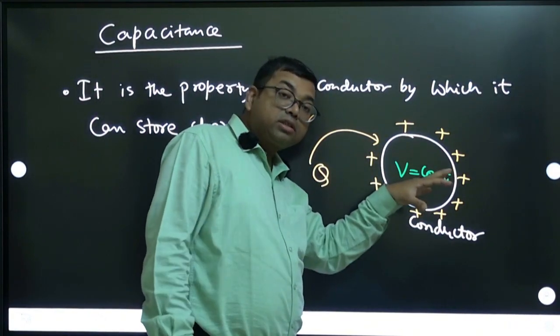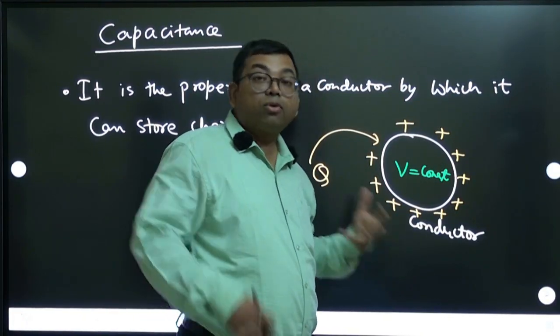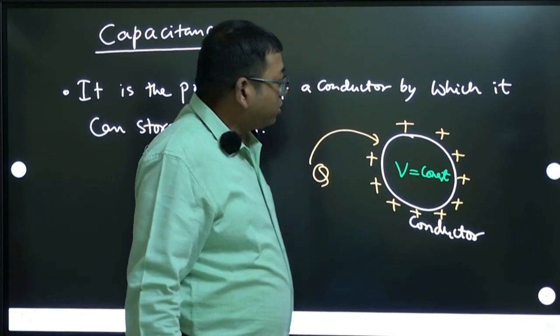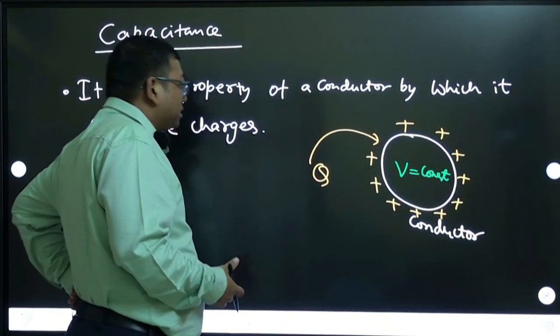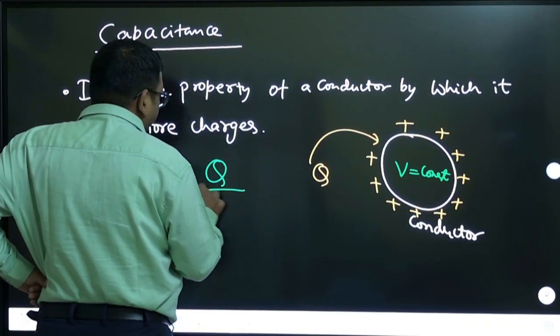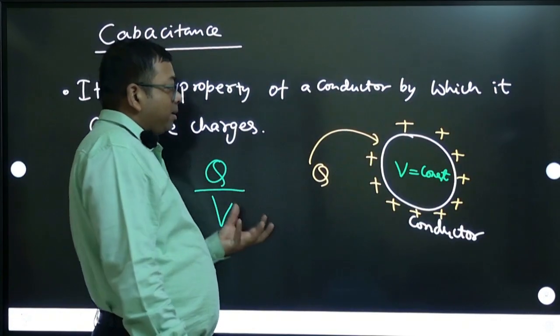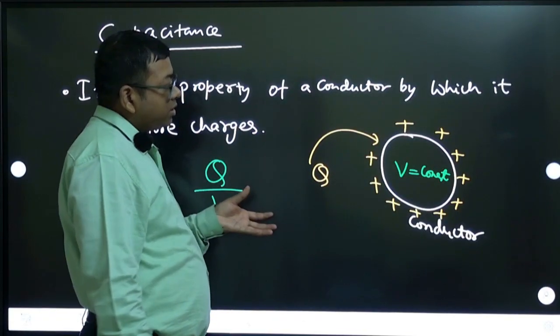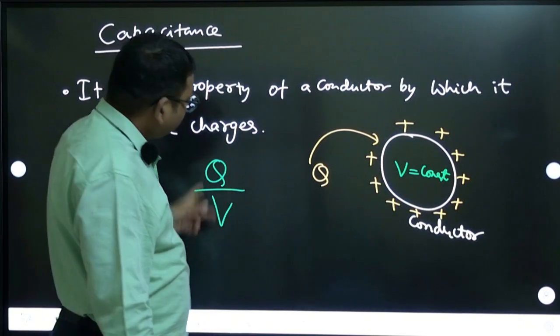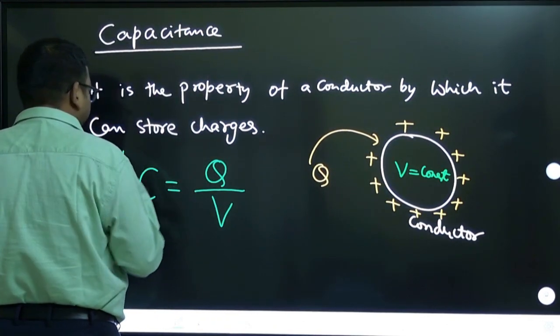You give more charge, it will develop more voltage. So how to decide this? We can decide this by the ratio Q by V. You give charge and it will develop a constant voltage. You give more charge, it will develop more. So this ratio is going to be constant. That is what is called capacitance.